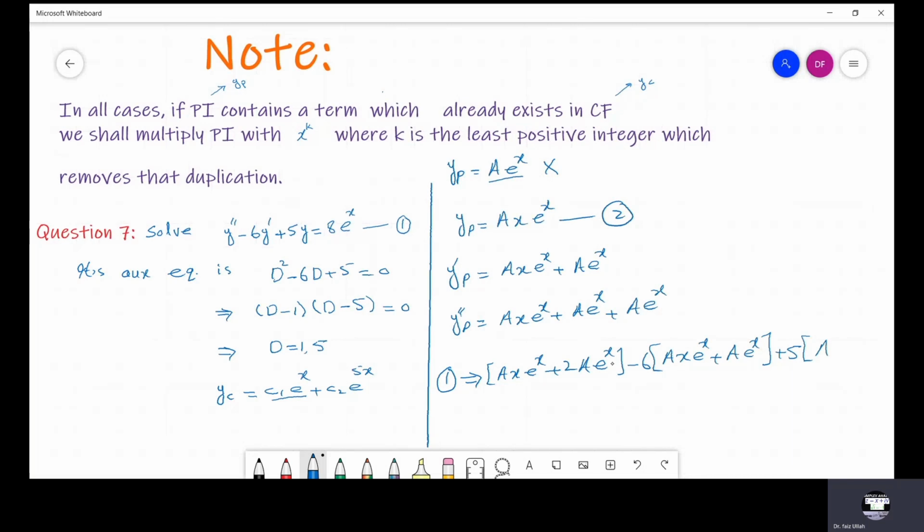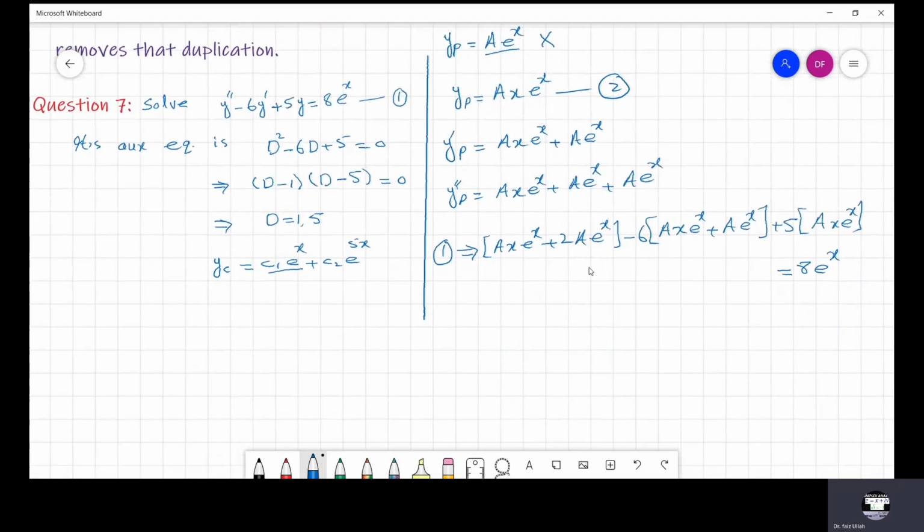The value of y is ax e power x, and this is equal to 8 e power x. And now let us simplify this equation.